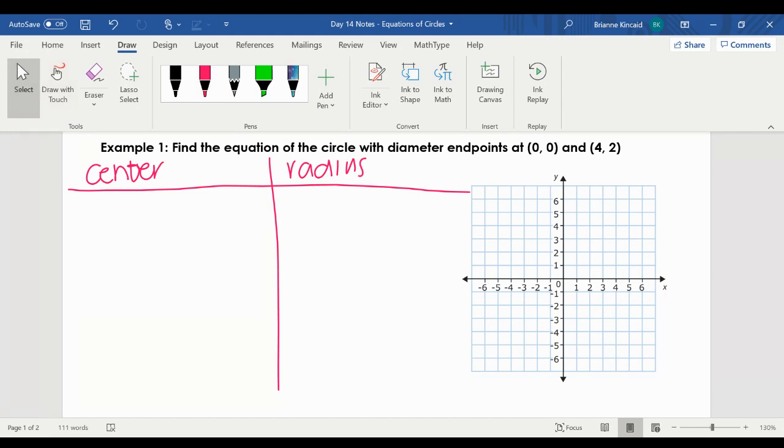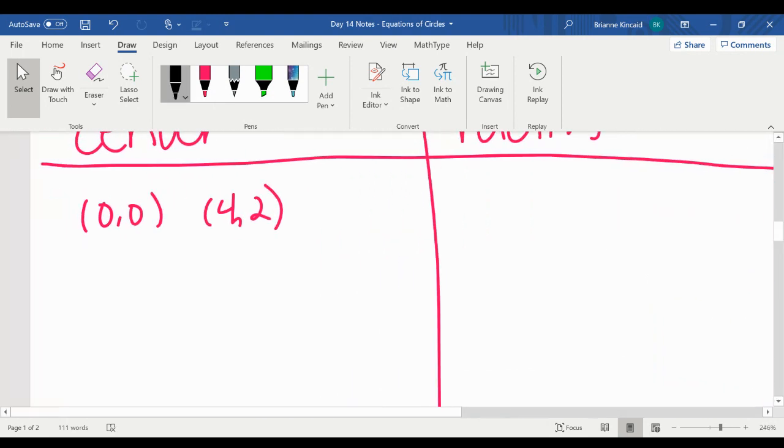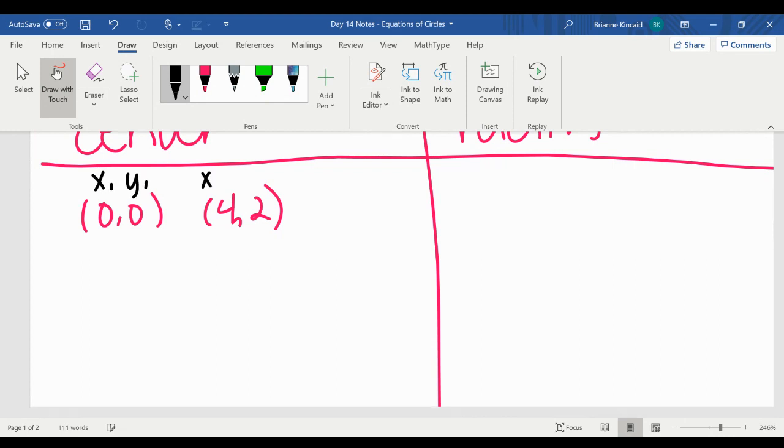But to find the center, I'm going to start with the points (0, 0) and (4, 2). Like we've always done, we're going to label x1, y1, x2, y2, and we're just going to plug it into our midpoint formula.